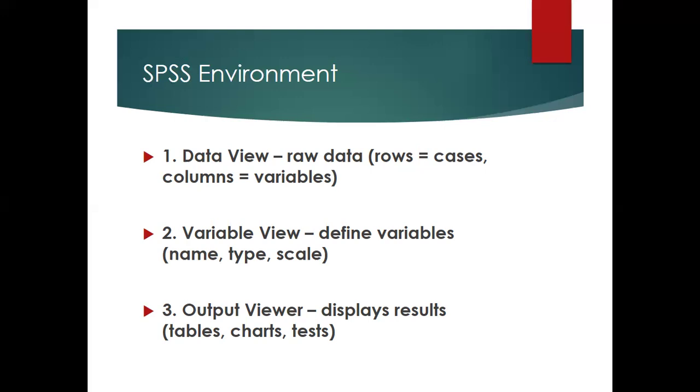For example, we can have variables like rent, which can be in scale. They can say, choose your rent: below 150,000, between 150 and 200, 200 and 250. Definitely, it will be in scale.